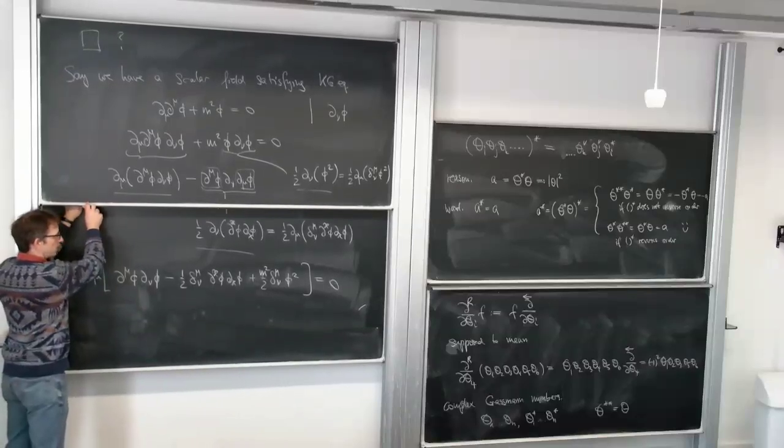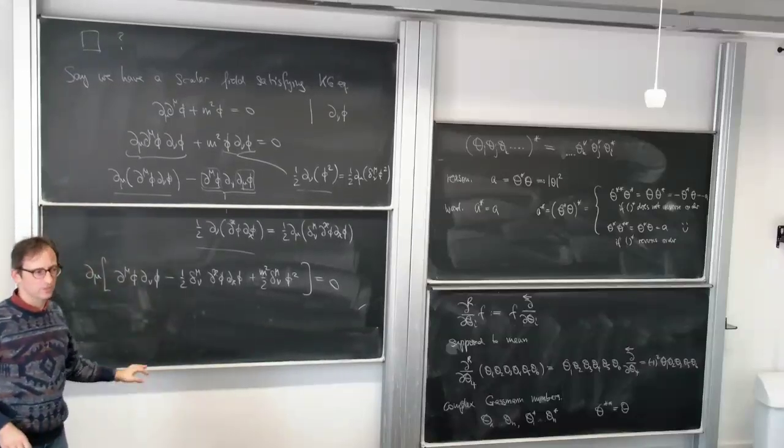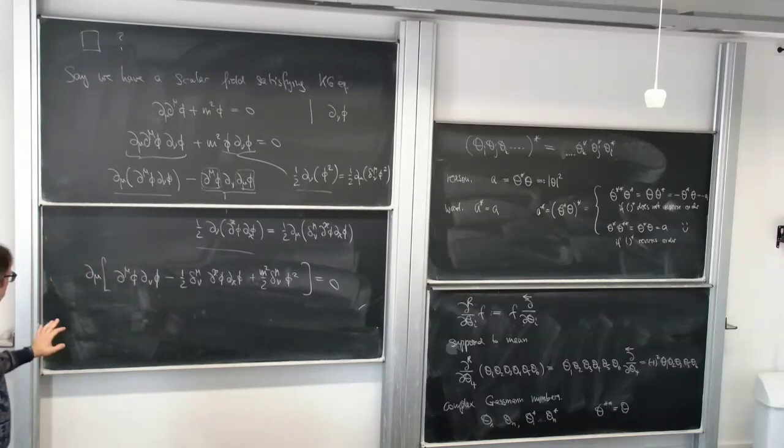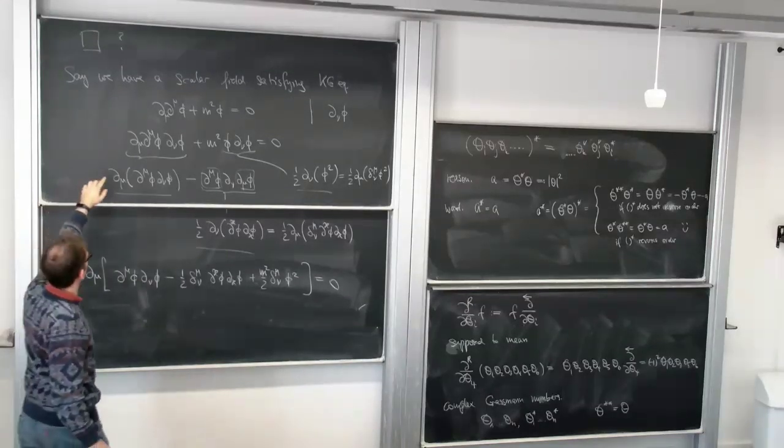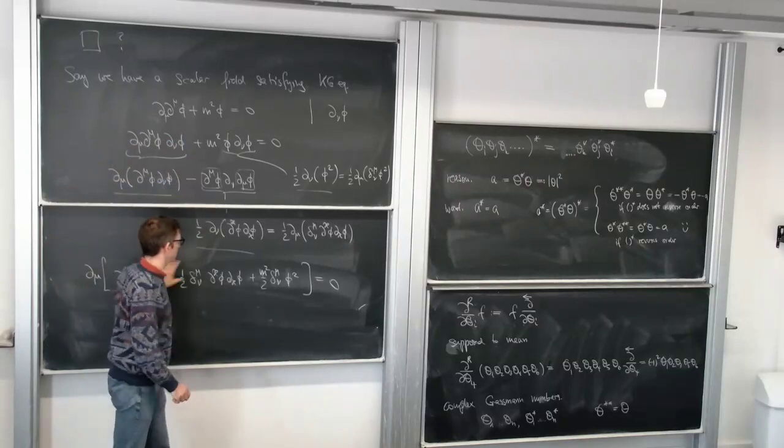Did I make a mistake? I might have. I hope not. So what I've done is I've rewritten the equation of motion for our field. It now looks like this.